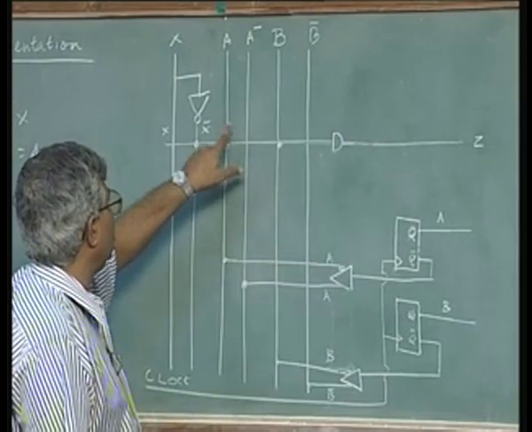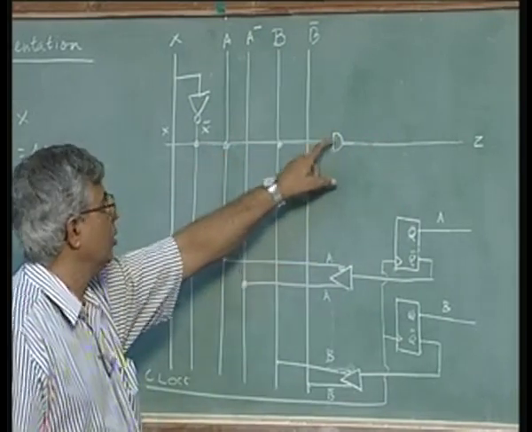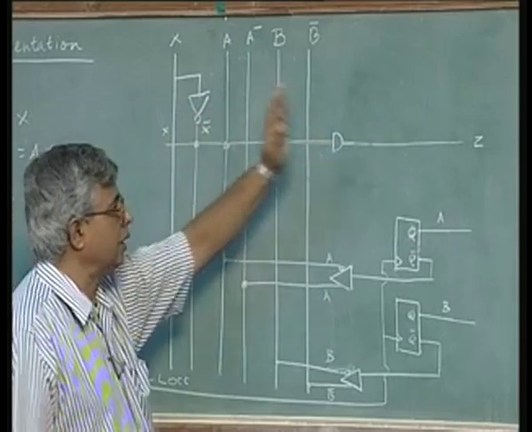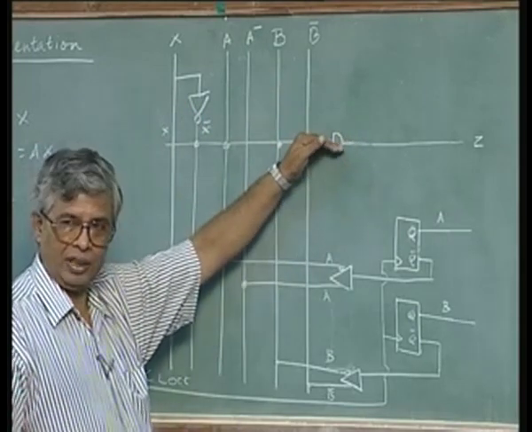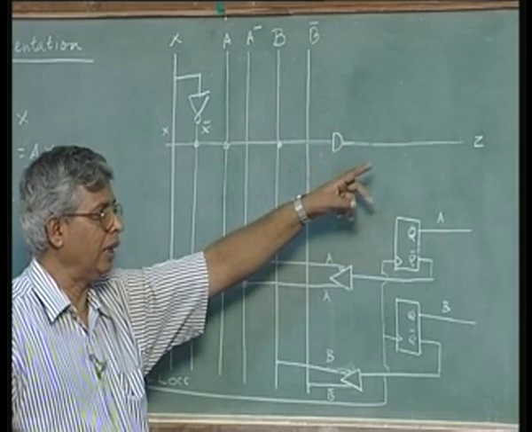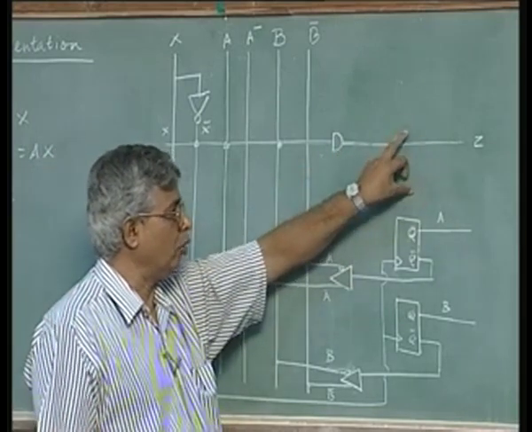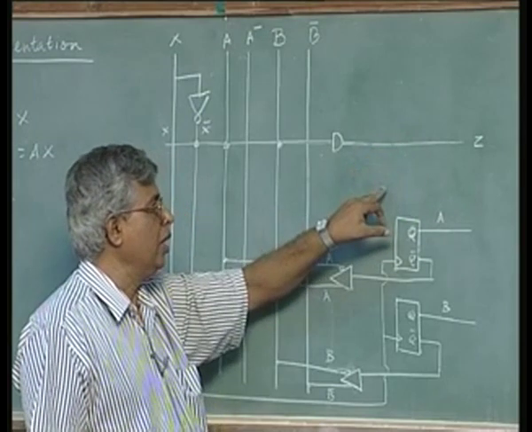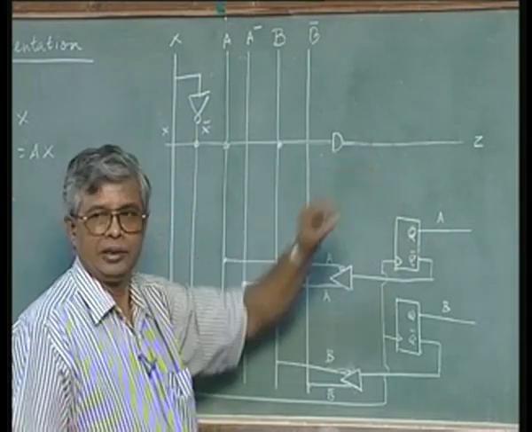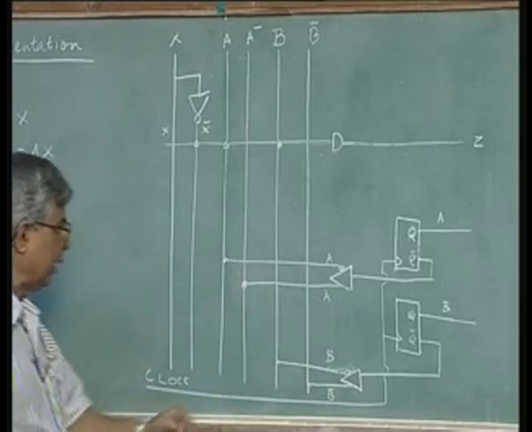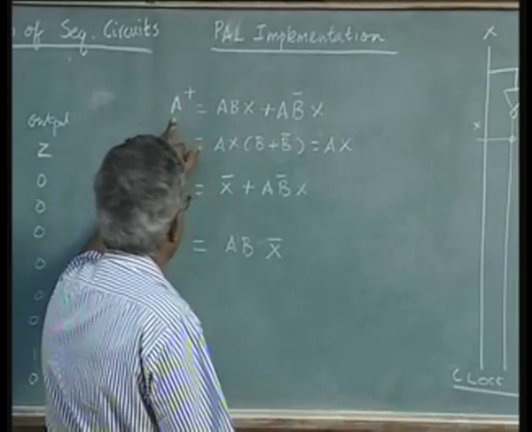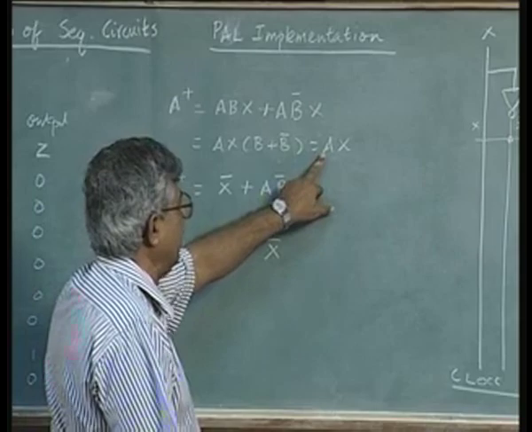So I am going to say that there is an AND gate possibility, so I am going to combine this and this and this and get this requirement. This is only one of the several terms you can put into an OR gate. Actually, in a practical device, there will be an OR gate output. The OR gate will have several inputs, and each of the inputs is an AND gate combination. Coming to the second, A plus, that is again very simple, it is A X bar.